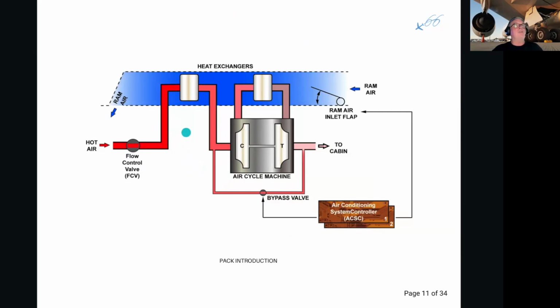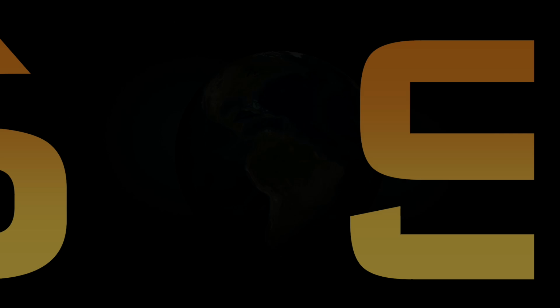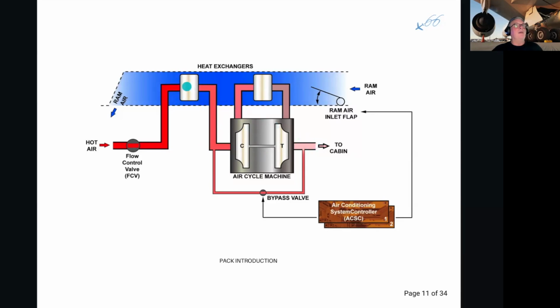The first heat exchanger cools it down a little bit, and then it goes and gets compressed. This is the air cycling machine. It has a compressor on it, and a turbine on it. So the hot air, 200 degrees, gets cooled down a little bit and then gets compressed.